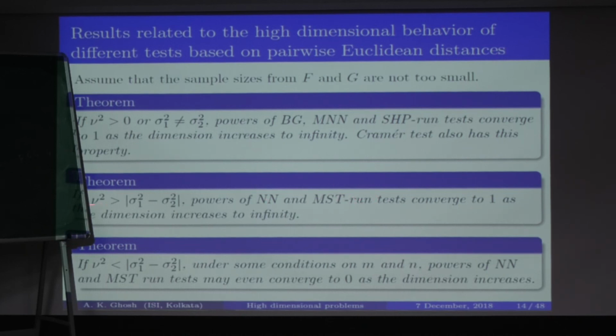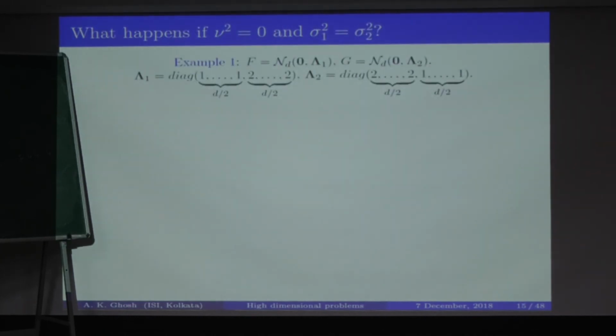We do have this consistency only under some special situation. In this situation, they have the consistency. In this situation, they do have some problem. But we do not know what happens when there is no location difference and the average variances are also the same.